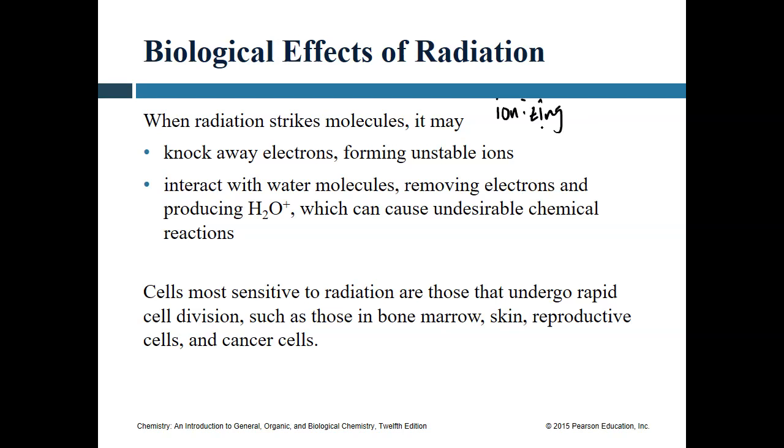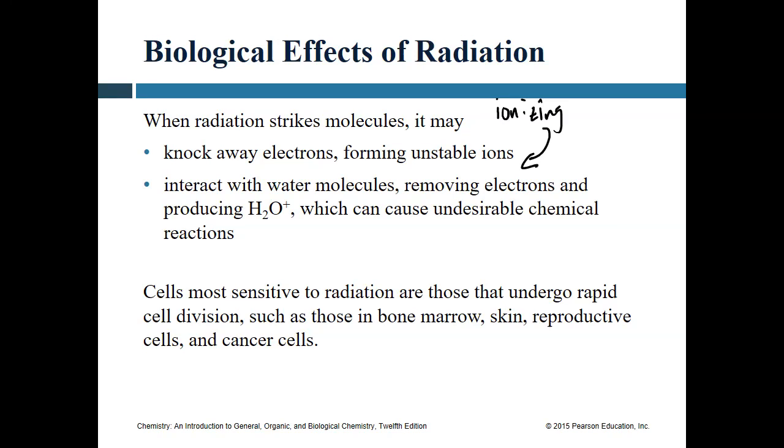And what that means is that when we encounter radiation, that radiation is going to disrupt the number of electrons that are surrounding our atoms. So the stuff that makes us up, exposure to radiation is going to knock around some of the electrons that make up our atoms, that make up our bodies.